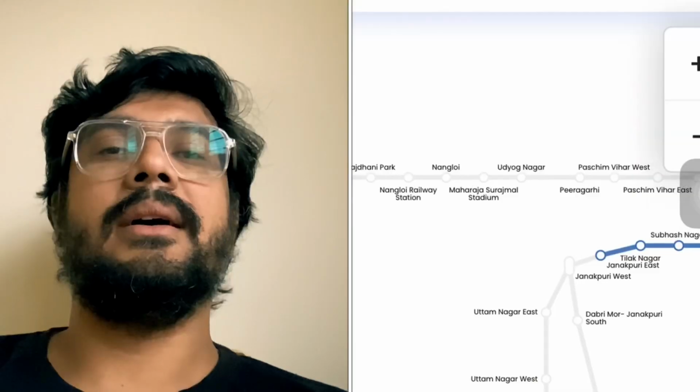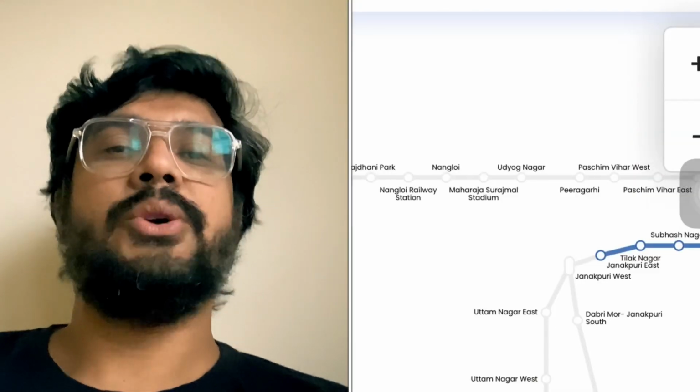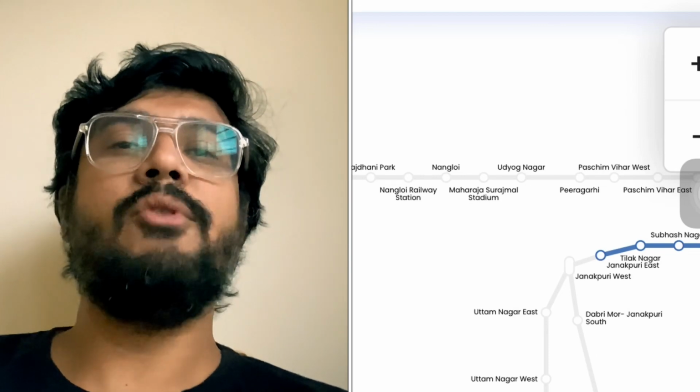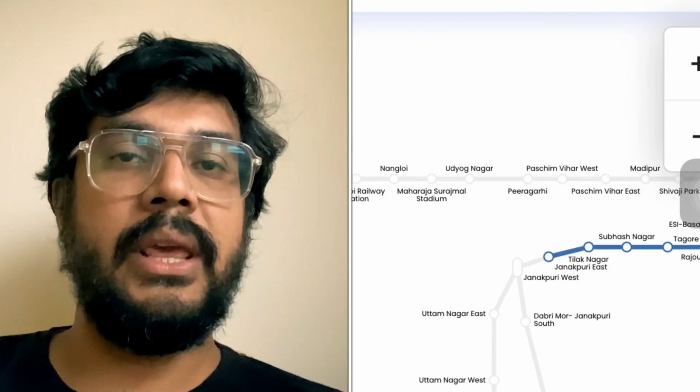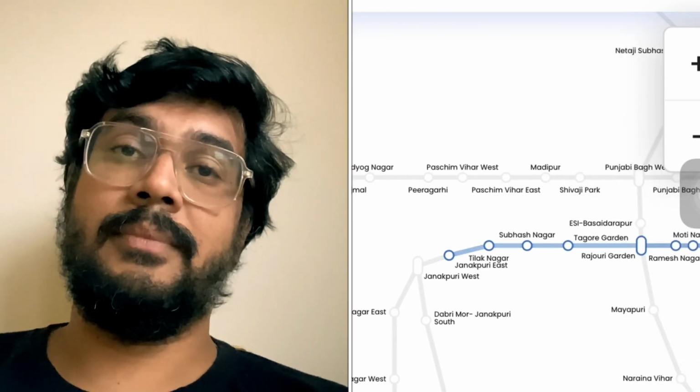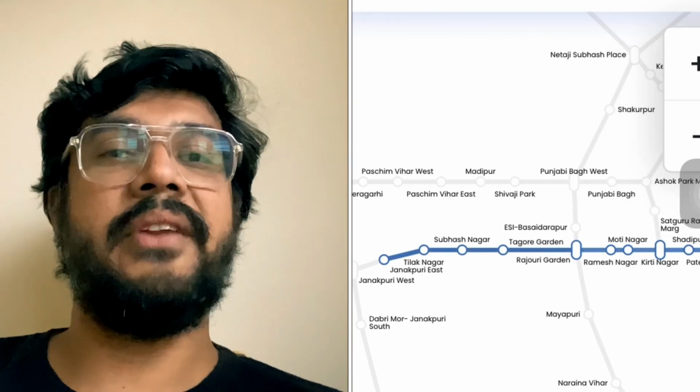I'll just give you one more example. I'm just trying to illustrate how a dyslexic brain looks at things. So this is the Delhi metro map. Here, if somebody wants to move from Janakpuri to Akshardham, this is how the train moves.